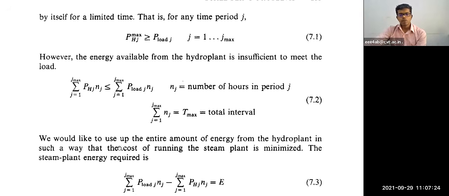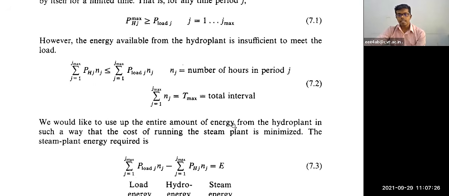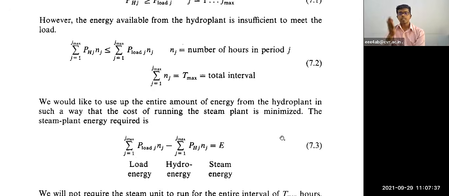Okay, so we would like to use up the entire amount of energy from the hydropower plant in such a way that the cost of running the steam power plant is minimized. So that's what I said. If we are utilizing the whole hydropower plant for the entire period of time, then the running cost of the steam power plant will be minimized.